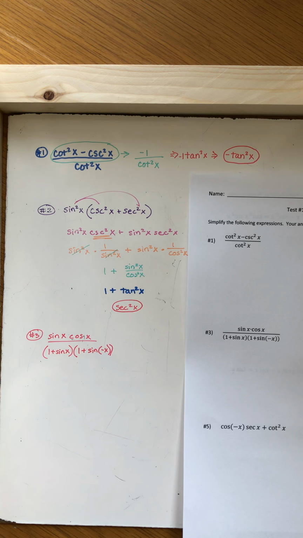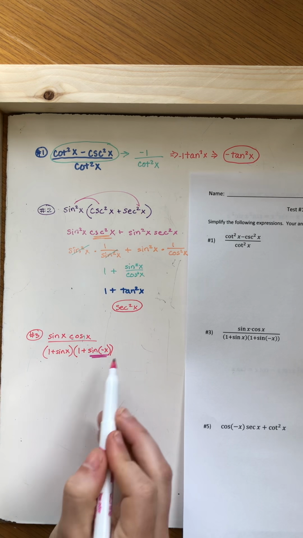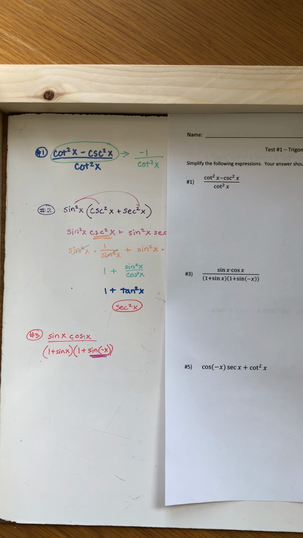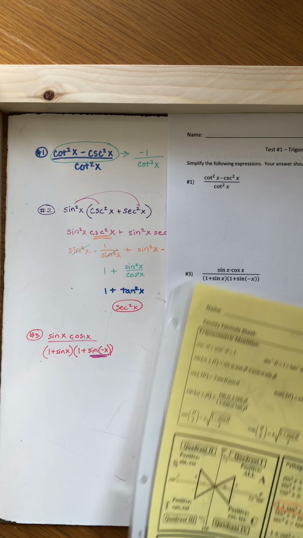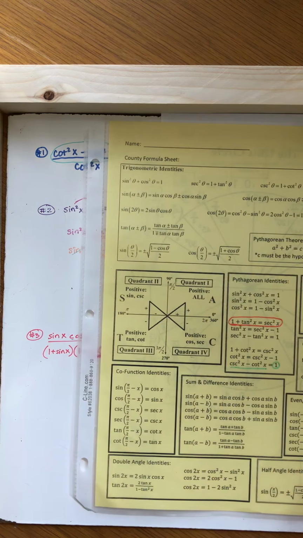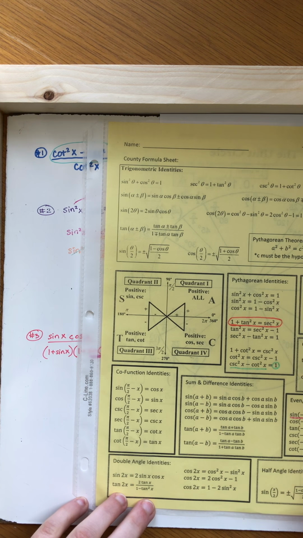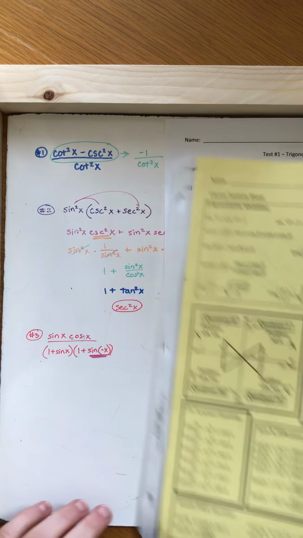Now the first thing that jumps out to me is that this part is different than everything else that we have done so far because I have a negative x that I'm taking the sine of. That's an even and odd identity. It's right here. So it's going to become negative sine x.